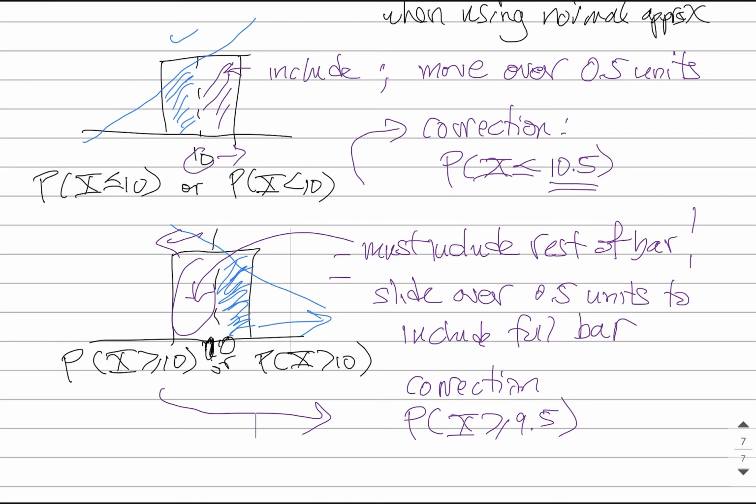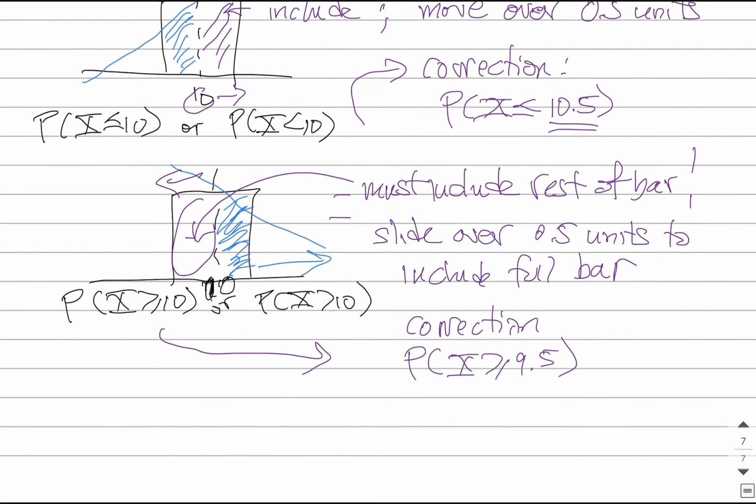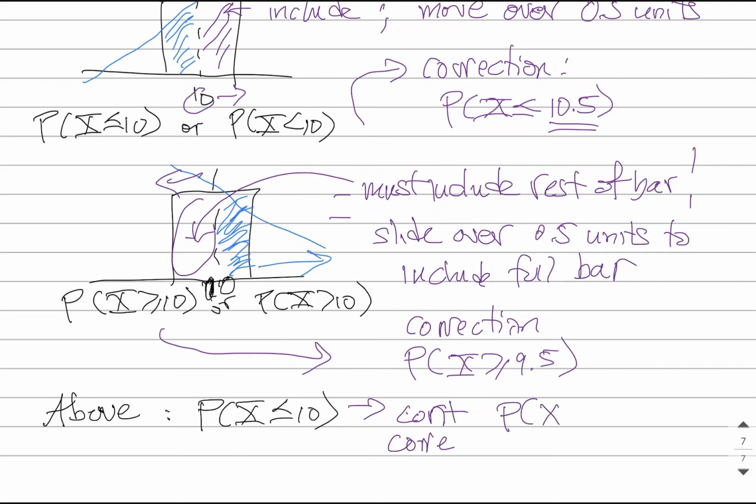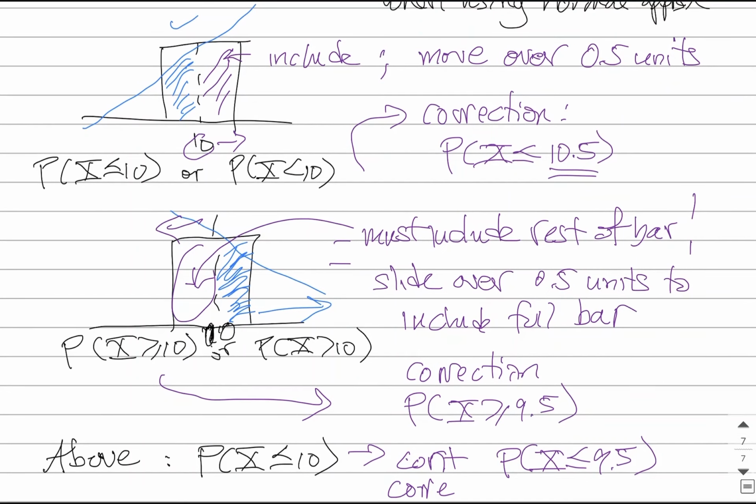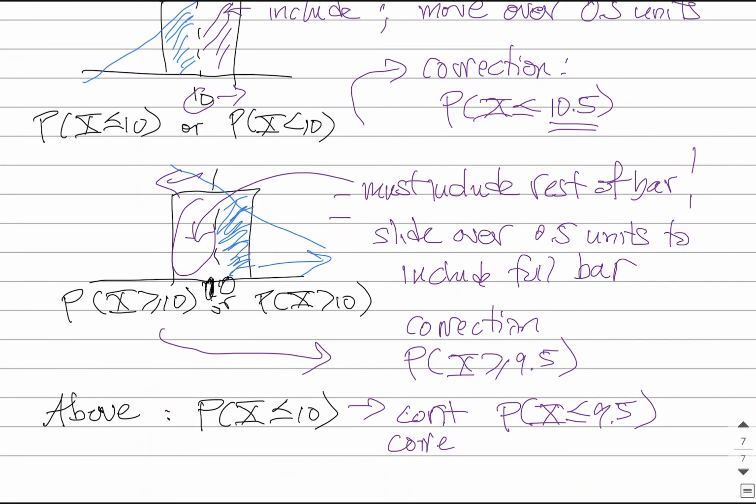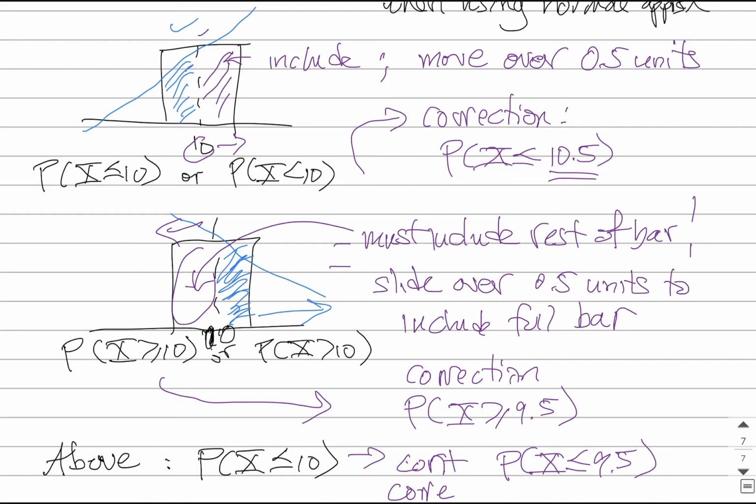And when we return back to our problem from above, we were asked to calculate the probability that x is less than or equal to 10. So we are going to include the continuity correction. That means the question that we should really be calculating is, what's the probability that x is less than or equal to 9.5? Because as I said a moment ago, we want to include the rest of the bar, right? If we are asked to go this way, we need to include the rest of the bar.